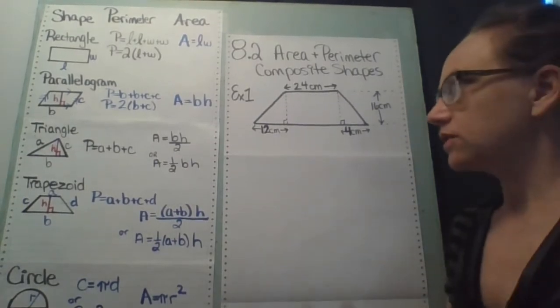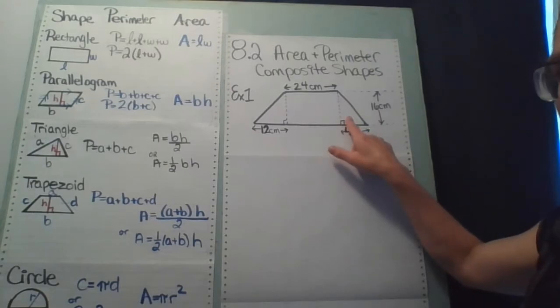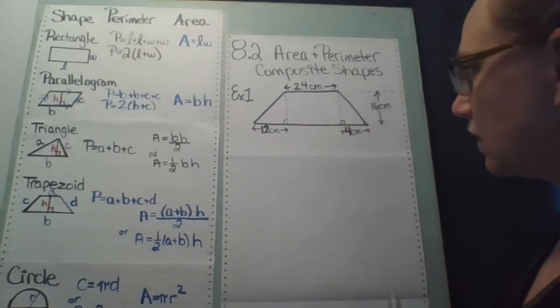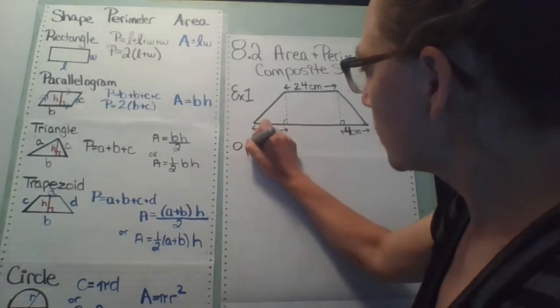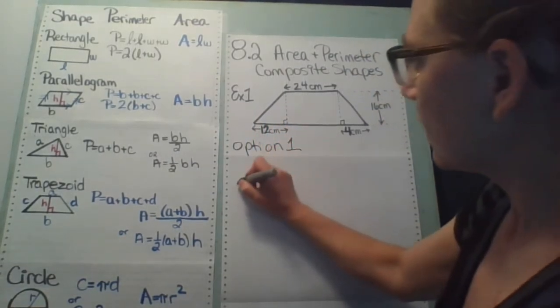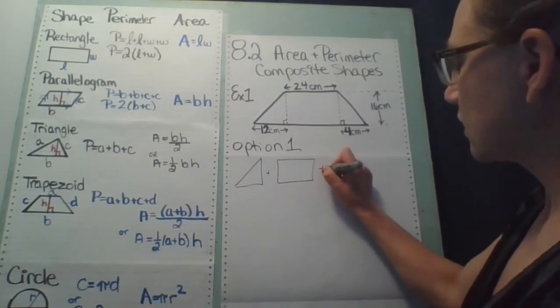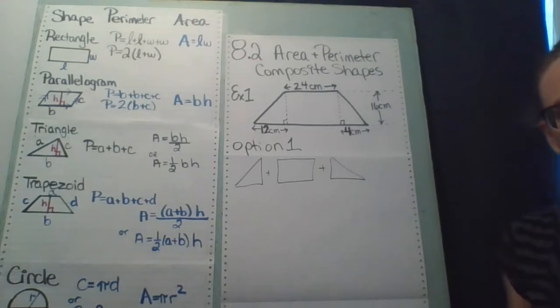And our textbook solves it in two different ways. It solves it one by breaking it up into a triangle, a rectangle, and a triangle. So we could do it that way. Option one, look at it as a triangle, a rectangle, and a triangle.